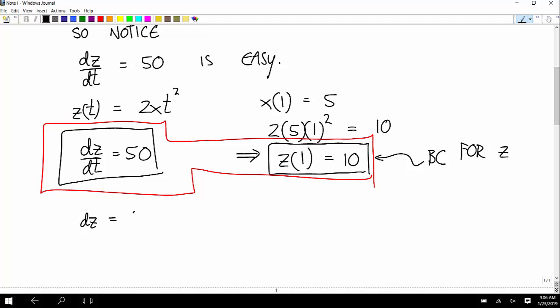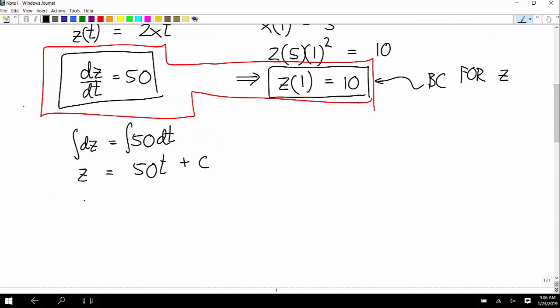So this says that dz is equal to 50 dt. Integrate both of those, and you get z is equal to 50t plus c. And then use the boundary condition that says when t is equal to 1, z is equal to 10. So 10 is equal to 50 times 1 plus c.